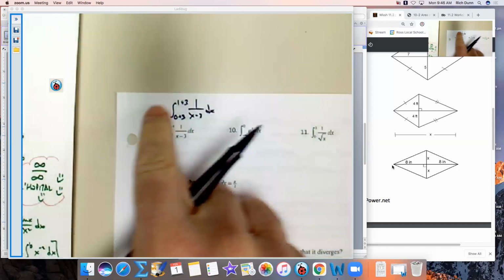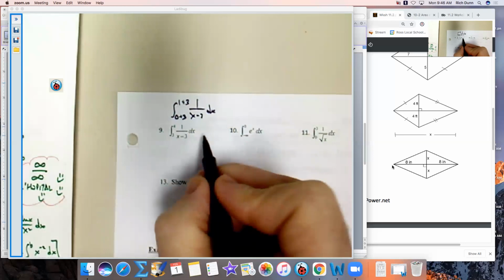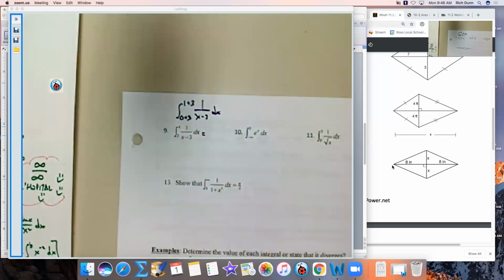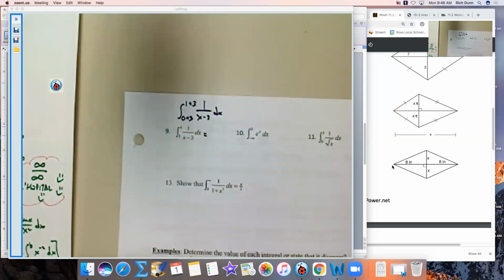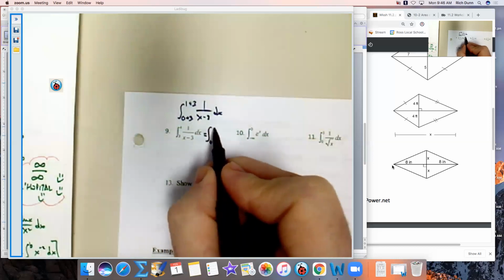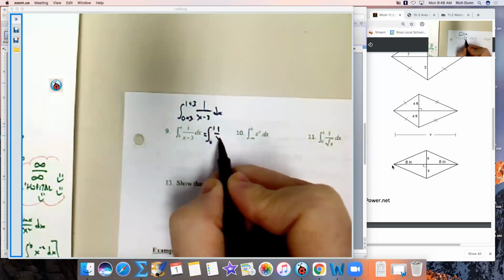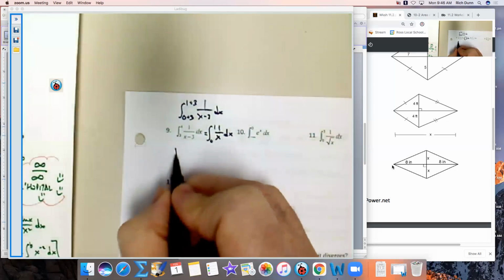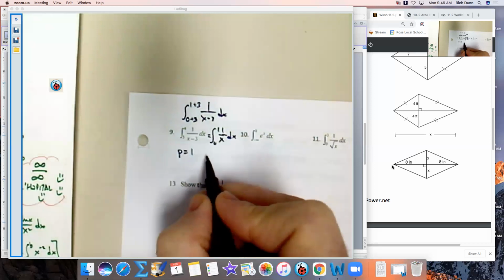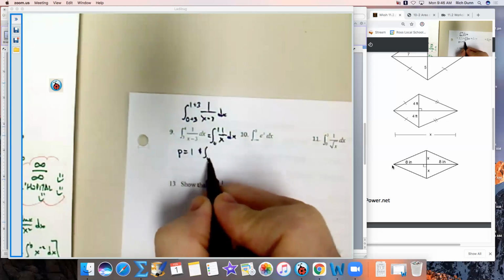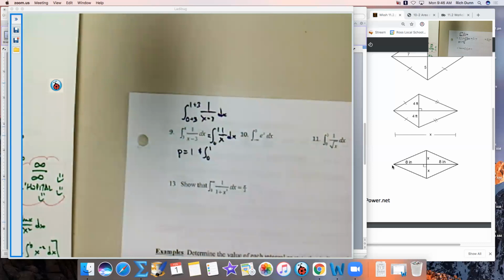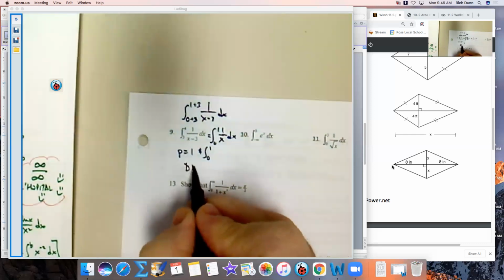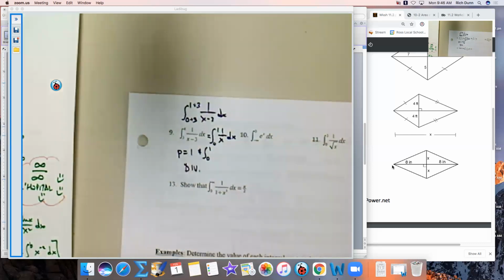And you can see that that helps me understand that I could rewrite this as the integral from 0 to 1 of 1 over x dx, which is an easy one to see that it diverges because my p equals 1, and it doesn't matter that I'm going from 0 to 1 or 1 to infinity. This one's always going to diverge.